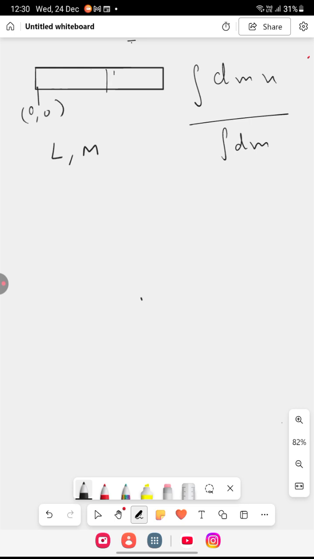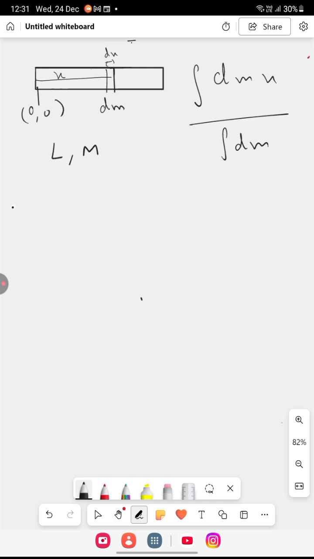This is a small part of the rod of mass dm, and the length of the small part is, let's say, dx. As from moving here to here we have traveled distance x, this small distance is dx.